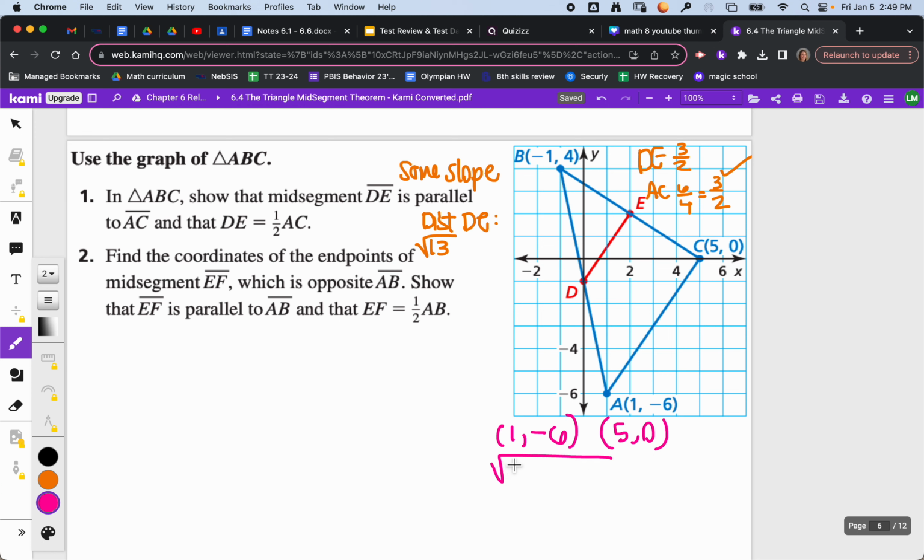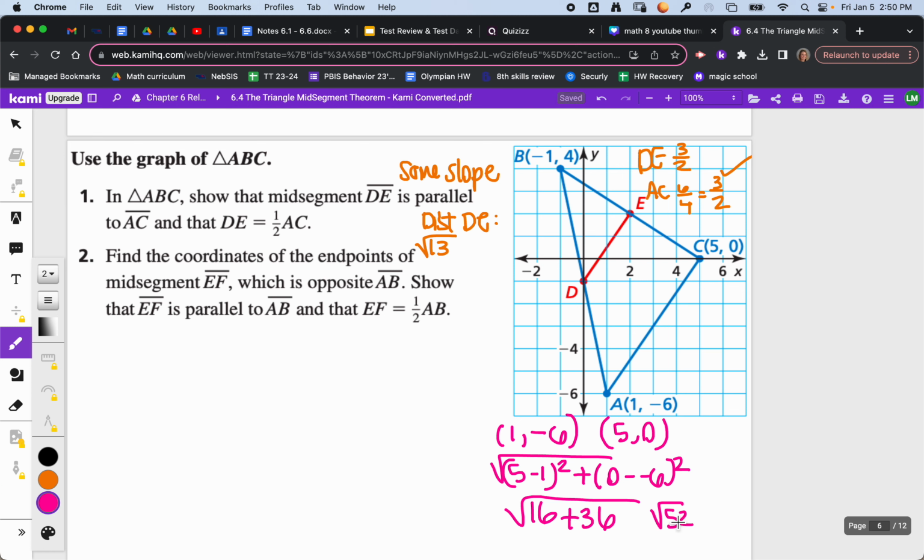The x's would be 5 minus 1 squared plus the y's 0 minus -6 squared. 5 minus 1 is 4. 4 squared is 16. And then 0 minus -6 would be 0 plus 6. 6 squared is 36. So I'm going to add 16 and 36 together, and I'm going to get 52.